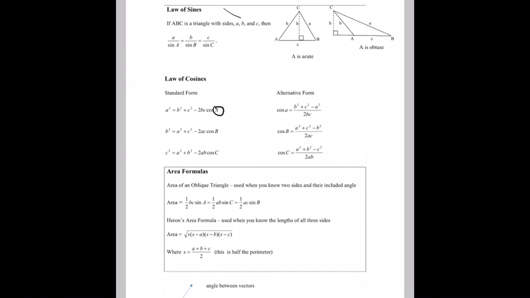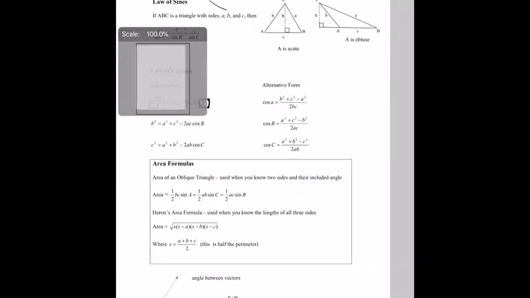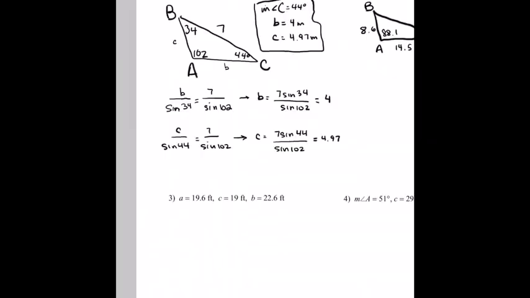If we want to solve for A squared, or for side A, we have to know side B, we have to know side C, and we have to know angle A, which we do. So we can use this form of it. It's A squared equals B squared plus C squared minus 2BC cosine A.